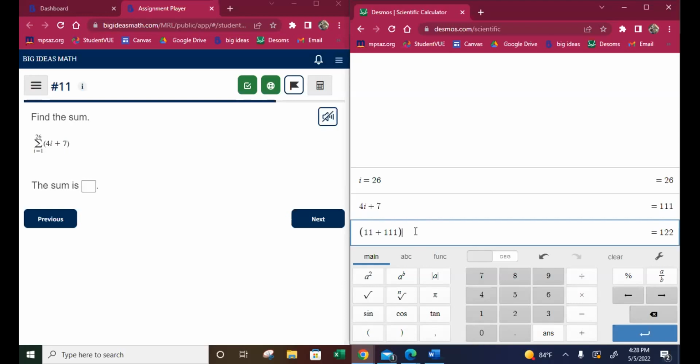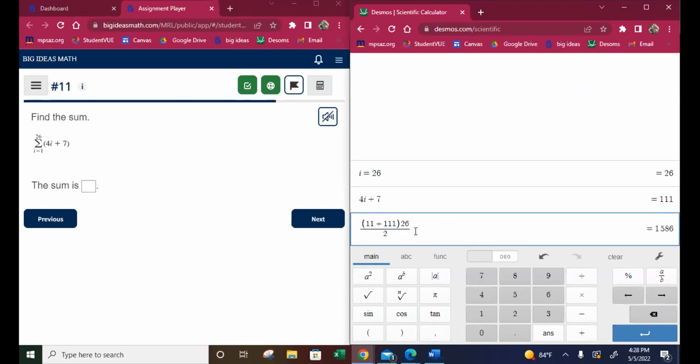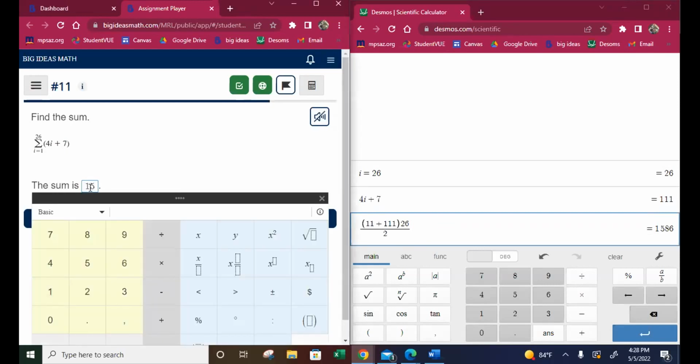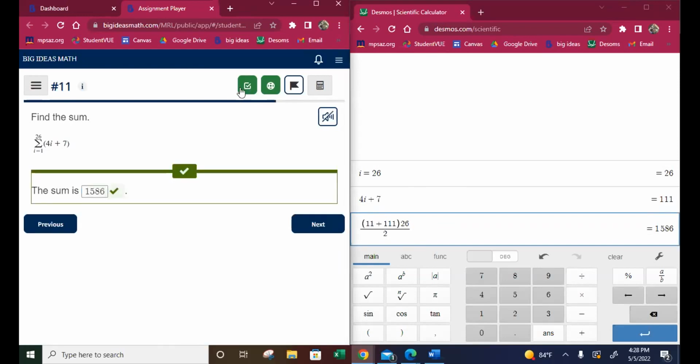So type 26 and then divide that by 2. So the formula is you take the first term plus the last term, times the number of terms, and divide by 2. Mm-hmm. And we could write that down at some point, but let's just go with it for the moment.